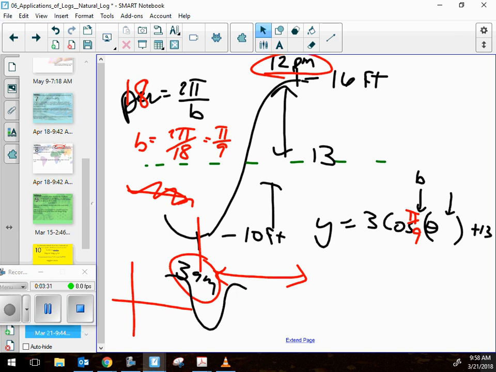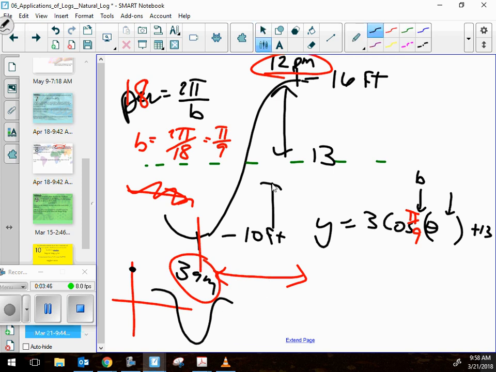And it's been shifted. It's normally peaking right here, highest spot of cosine. So again, how far over is the high tide shifted to? And the high tide was at noon. So, what is it? Minus 12.